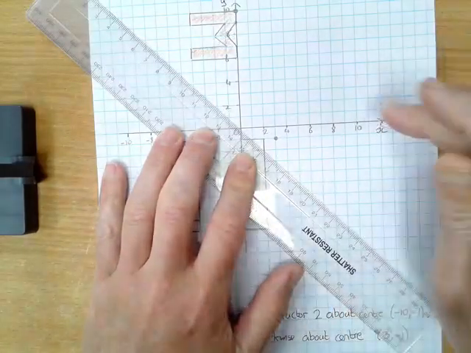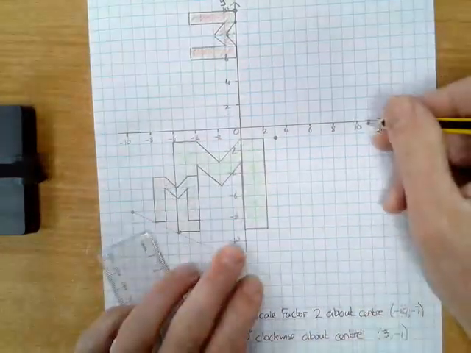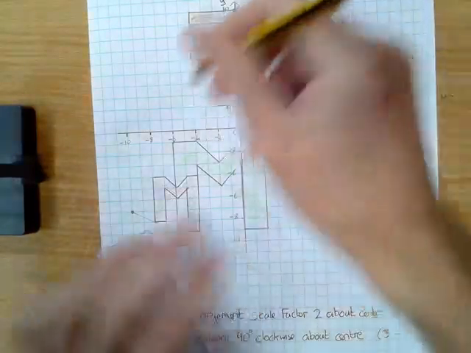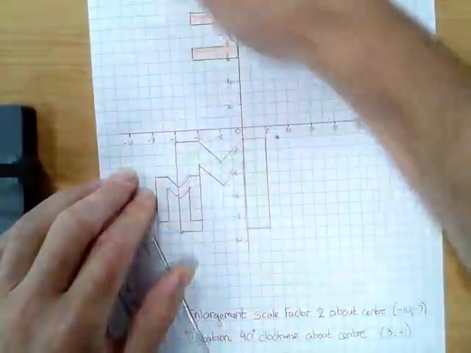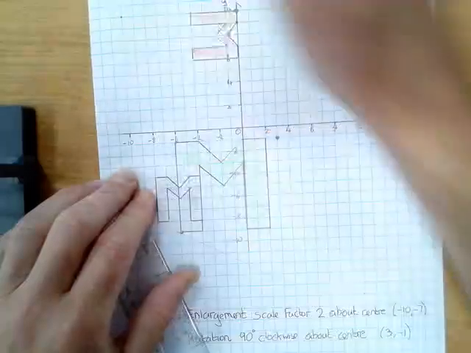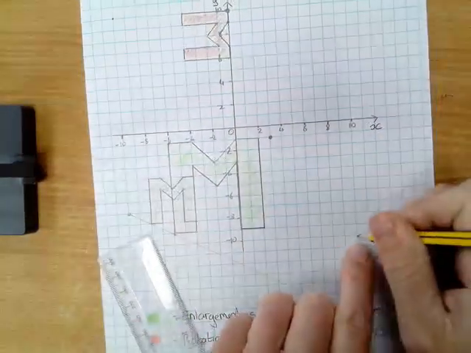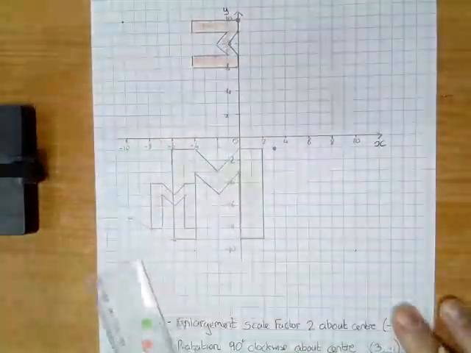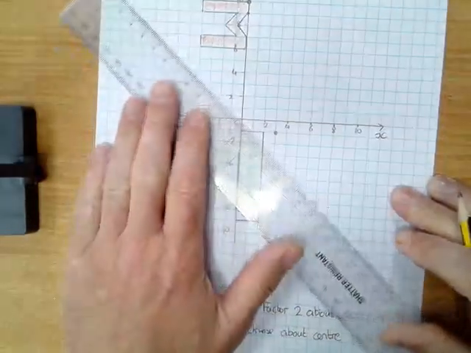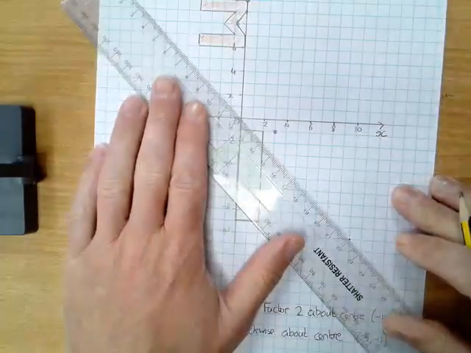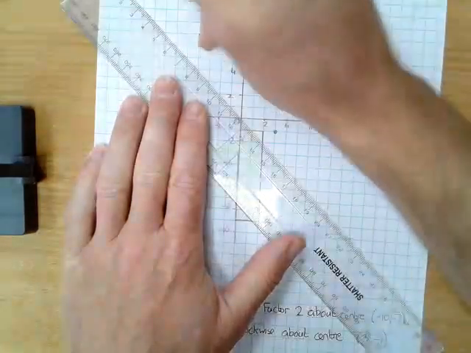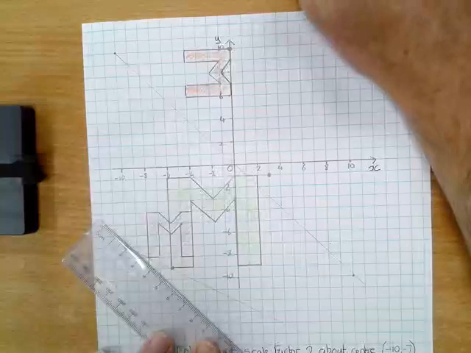What I would do is I would find the points -10, 10, which is there. Let's get this right. And 10, -10, which is there. Okay, and then join them up, because that way, because they're a nice long way apart, you'll get a nice accurate line like that.